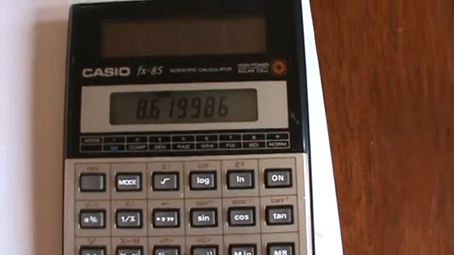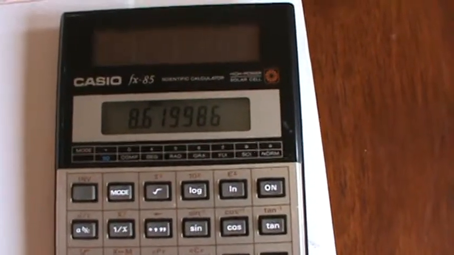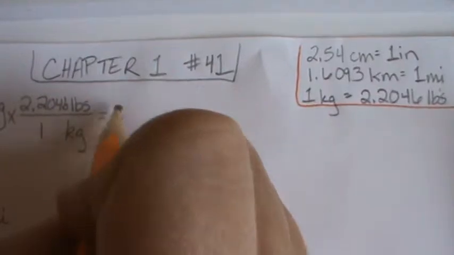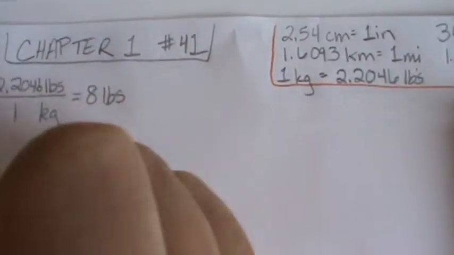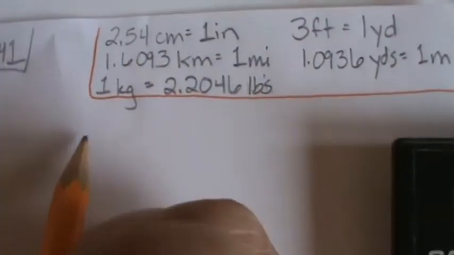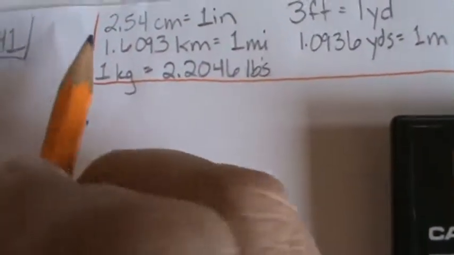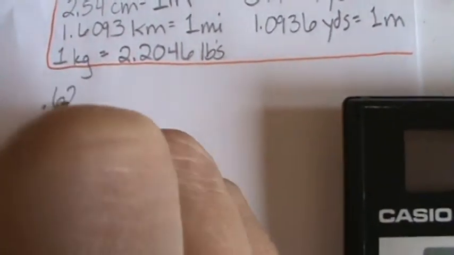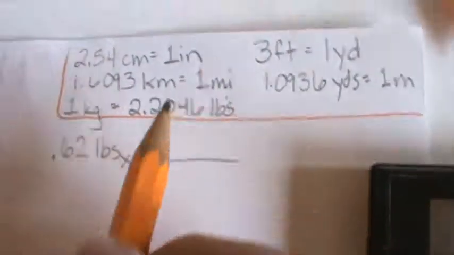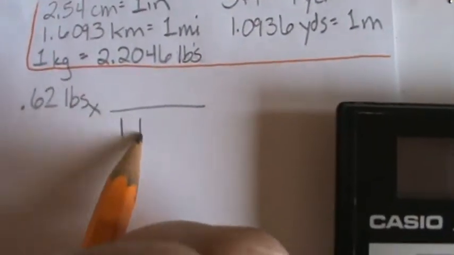8.619986. Now the way we change this into pounds and ounces is we start with that 8, and that gives us 8 pounds. Now we need to change the fraction of a pound to ounces. So let's round that to 0.62 pounds times 16 ounces to 1 pound.